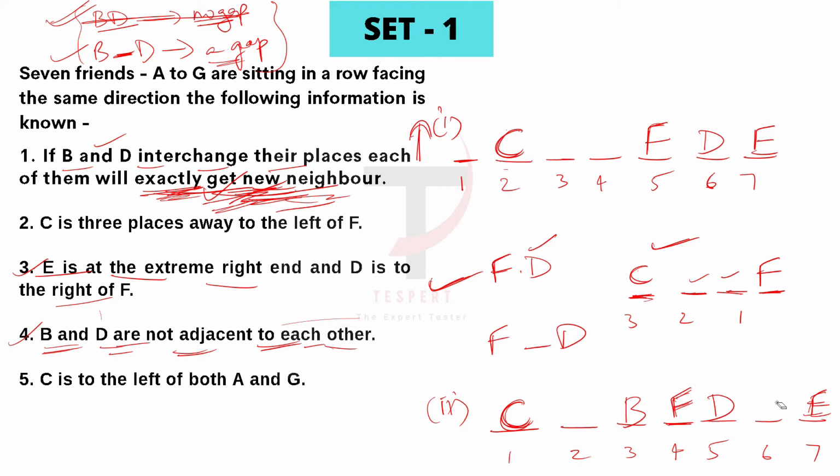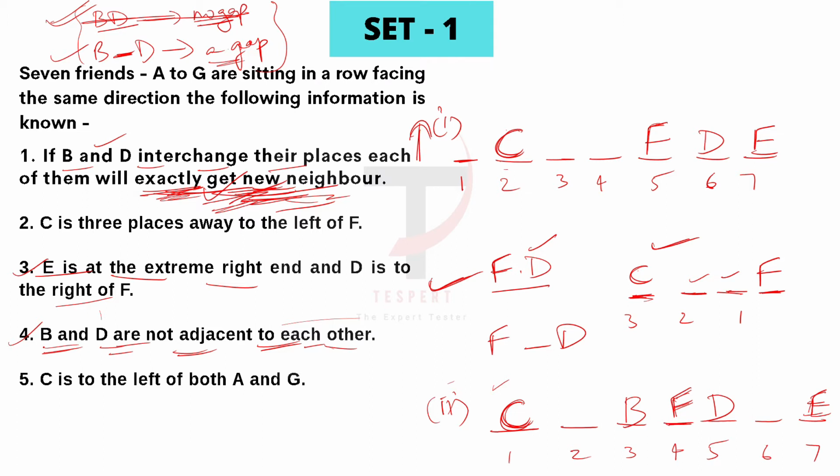Alright, so D coming to the right of F is taken care of, and C is 3 places away from F, this is also taken care of. So these two are the cases, right?